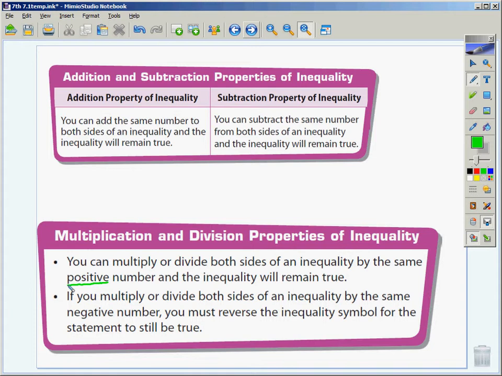True. Okay? If I multiply or divide by a negative, and I take the time to underline that word, negative, on page 205, the word negative, I'd underline it.